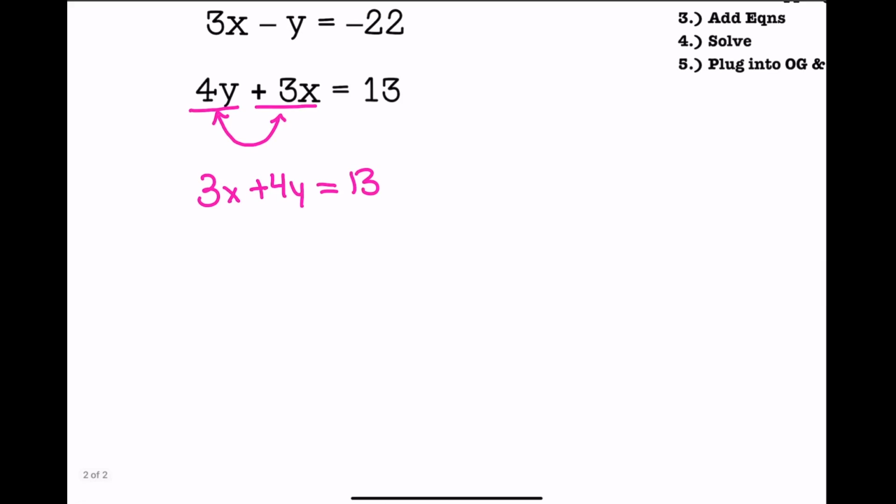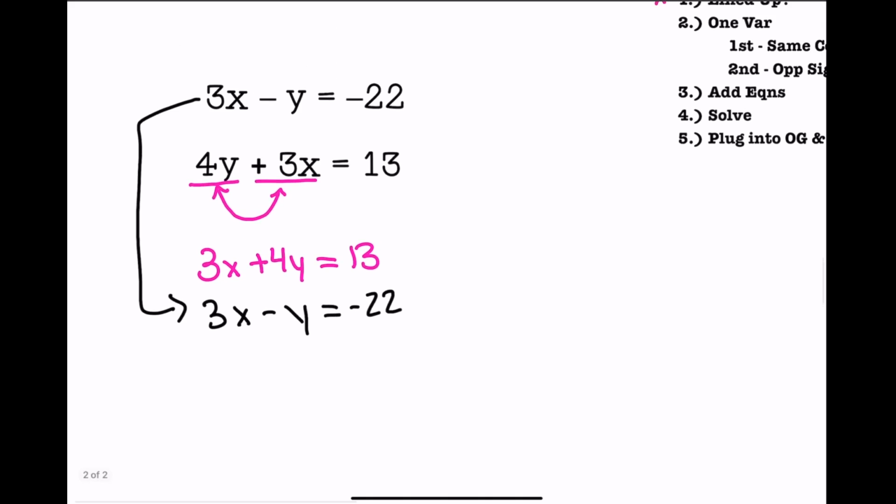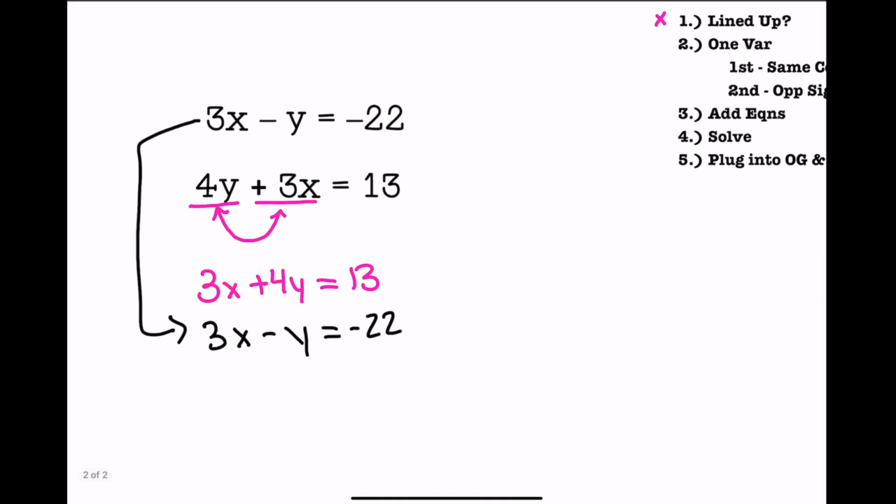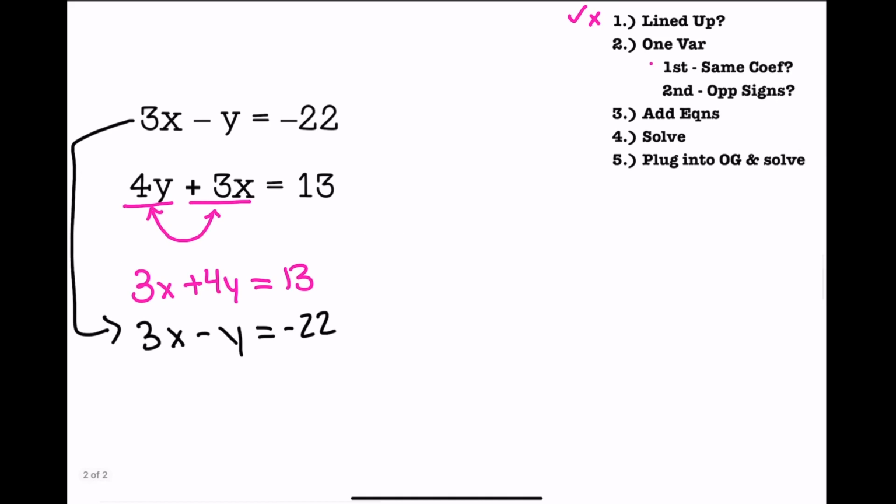So now what I'm going to do is I'm going to bring down my guy here. We got 3x minus y equals negative 22. Okay. All right, so everything's now lined up. This is great. Let's see. We have the same coefficient, right? Our x's here have the same number up front, but hold up, wait a minute.